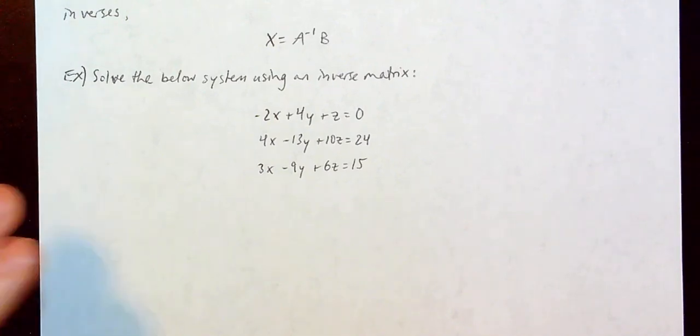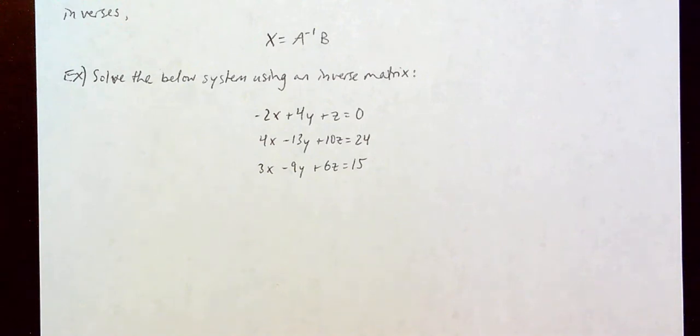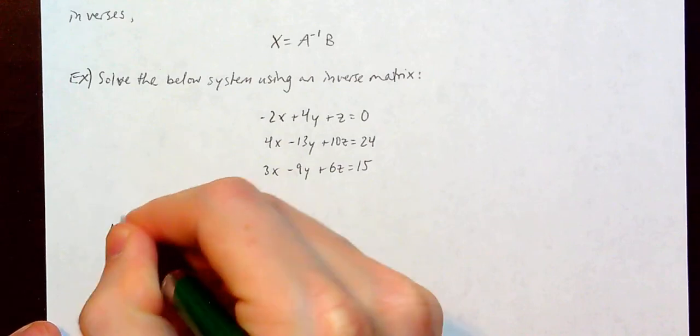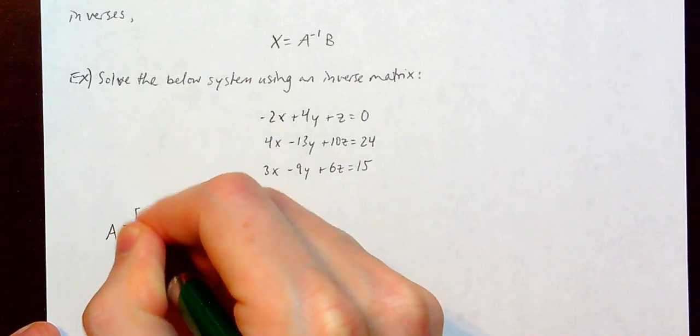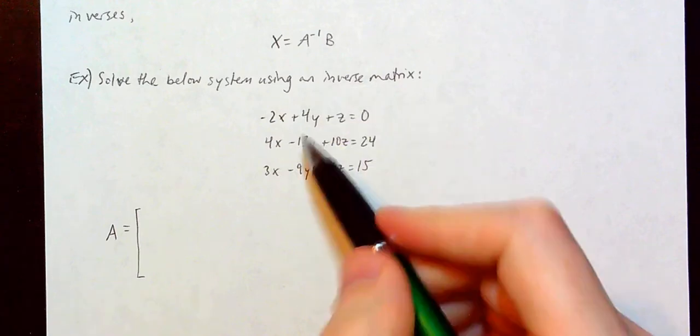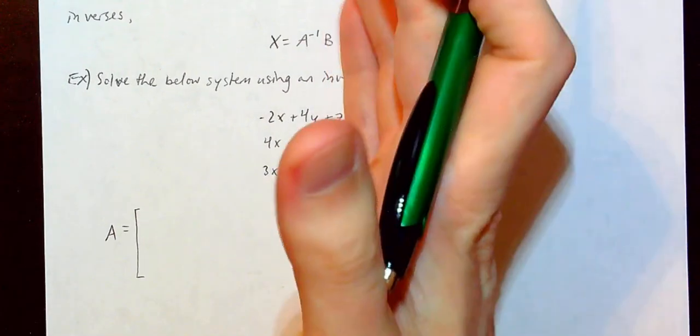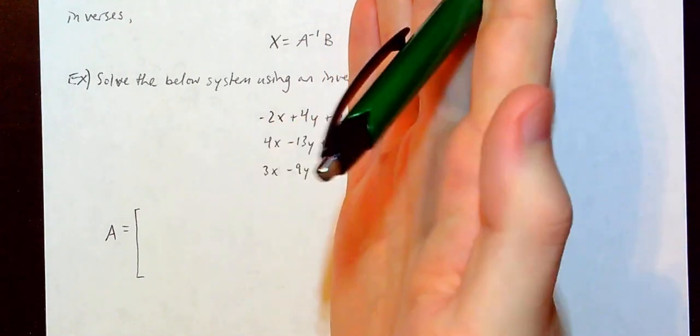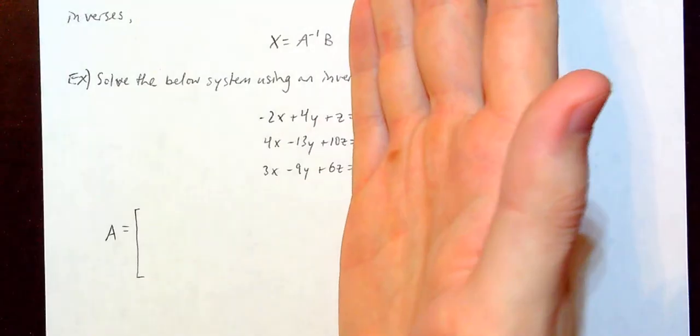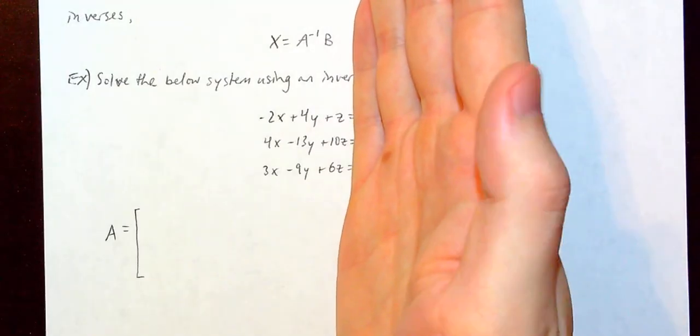I want to really just identify what are my A and my B here. A, as we said, is just the matrix of coefficients on the variables. So I'm only looking at this stuff here, once I move things out of the way so that you can actually see.